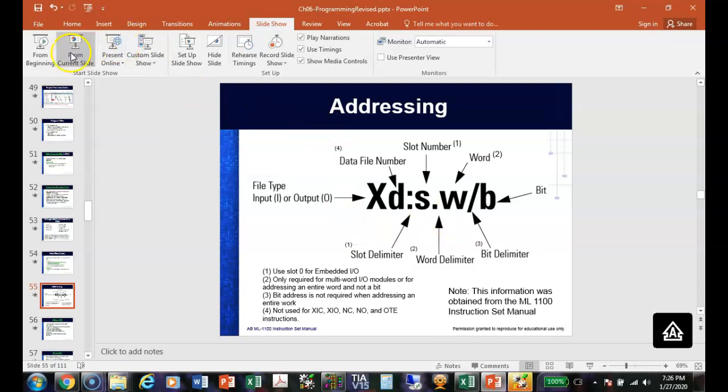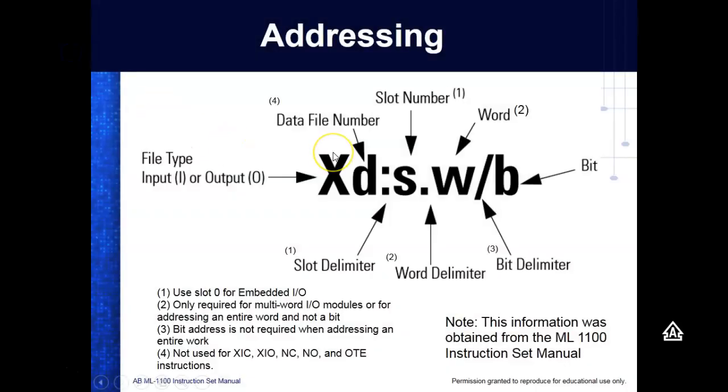If it's got 2 words, then I've got 2 options. I could say input. Inputs don't need a data file number. Then I would put slot 1. Right, you understand that? Then I would put a what? If I come over here and do this, 1/3. When?